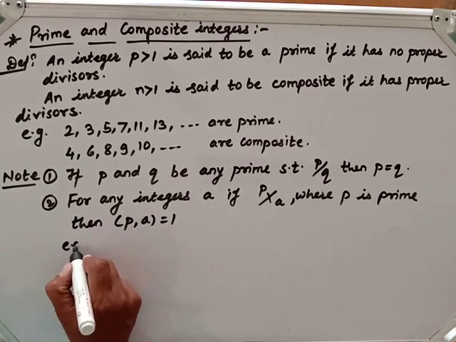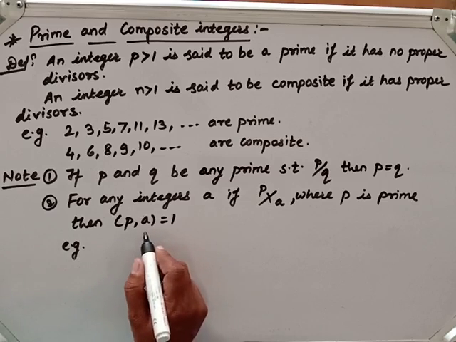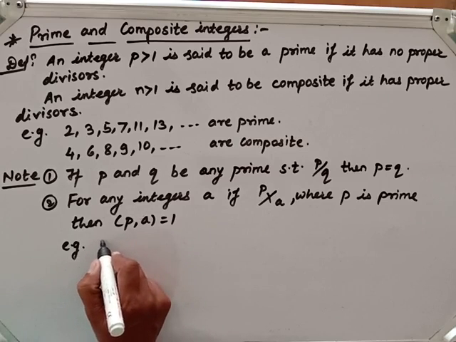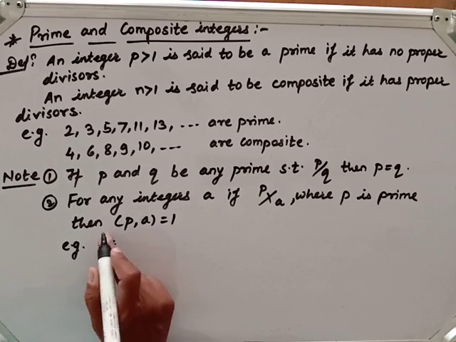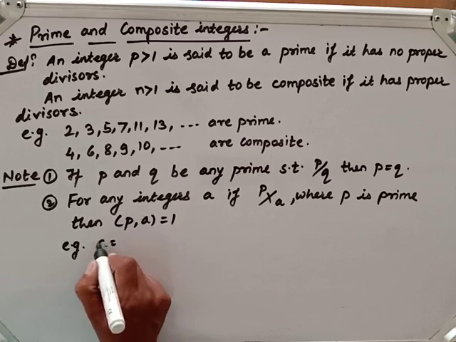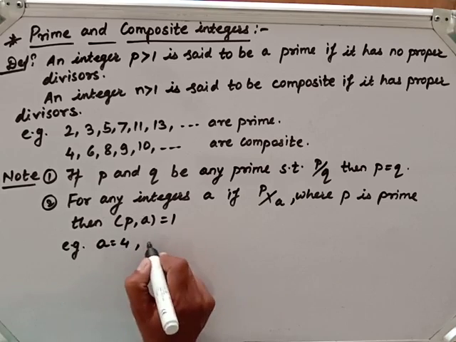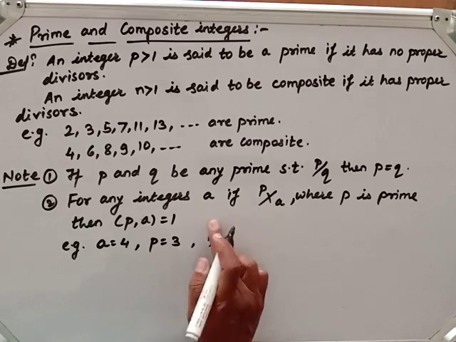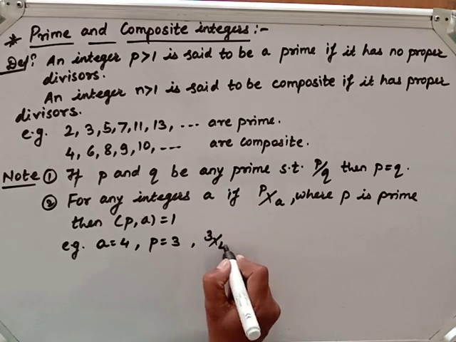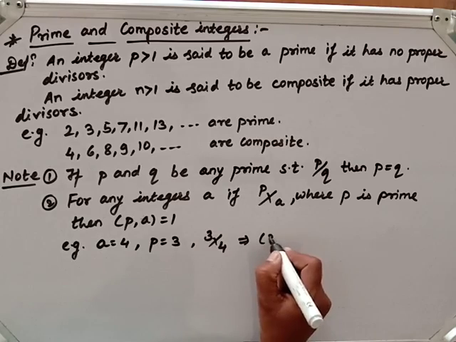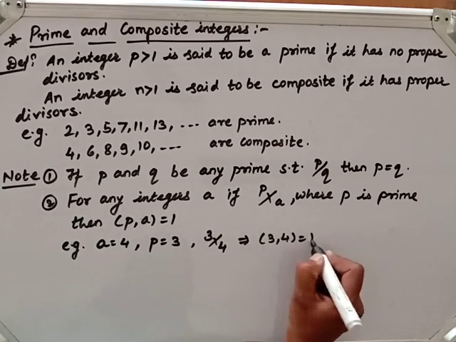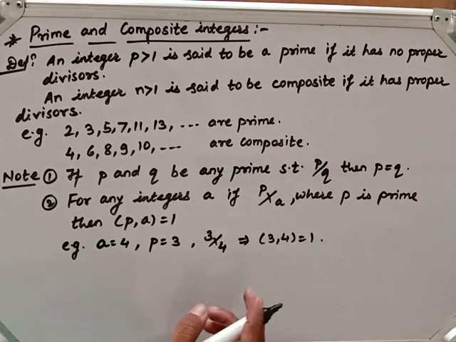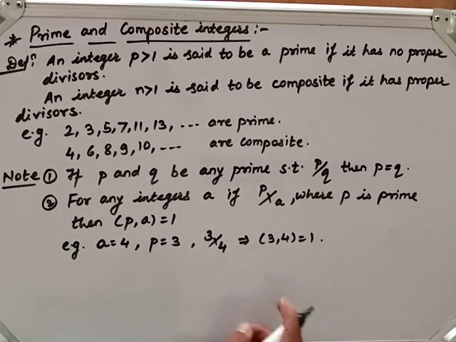For example, suppose A is equal to 4 and P is equal to 3. We know 3 doesn't divide 4. So the GCD of 3 and 4 is 1. Such various examples we can write.